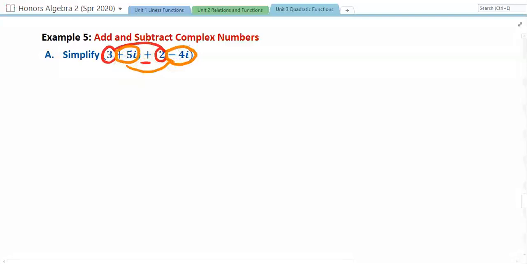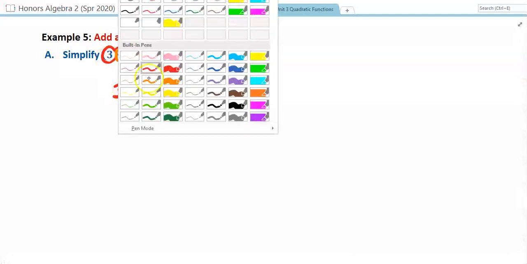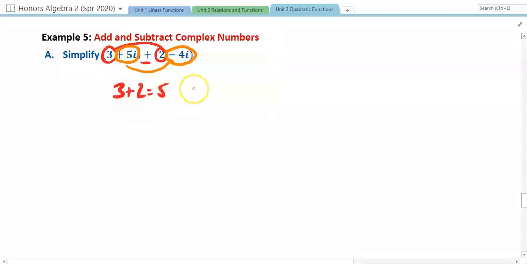That might become the word of the day here in a minute. I'll let you know. So 3 plus 2 is equal to 5. And 5i plus negative 4i is equal to just i. And so my final answer, this is one combined answer, 5 plus i.